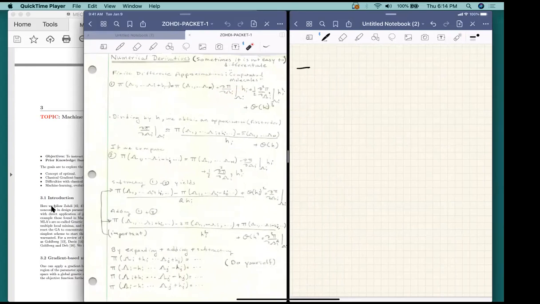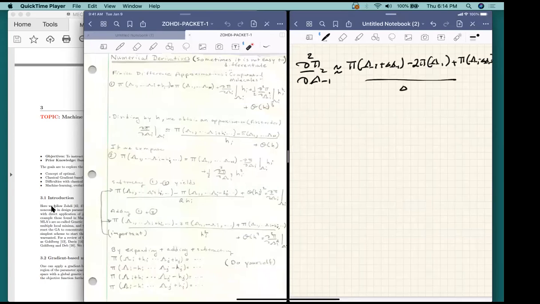If I needed to compute the second derivative of pi with respect to, let's say, lambda 1, this is approximately equal to pi evaluated at lambda 1 plus delta lambda 1, minus 2 pi evaluated at lambda 1, plus pi evaluated at lambda 1 minus delta lambda 1, divided by delta lambda 1 squared.